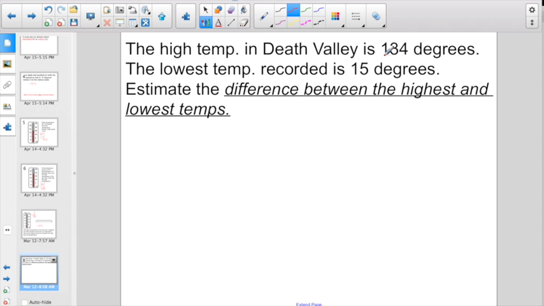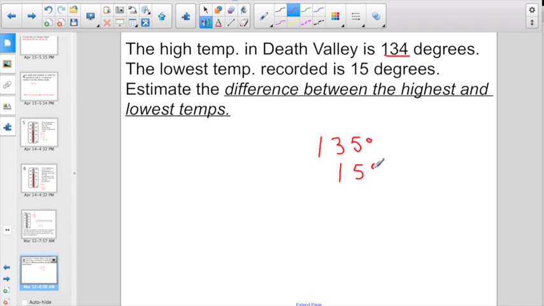So 134 degrees, yeah, I could round it to 130 degrees, but I'm going to go and subtract 15 degrees from it. So I bet you I could round just to 135 degrees, because I should be able to start off with 135 degrees and still be able to subtract 15 degrees from that mentally, right?